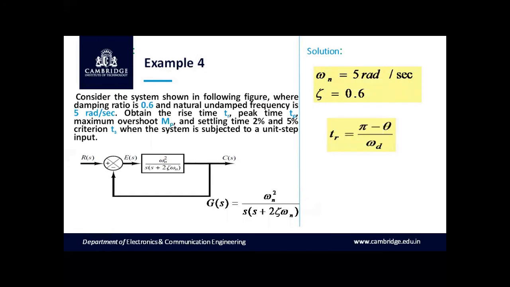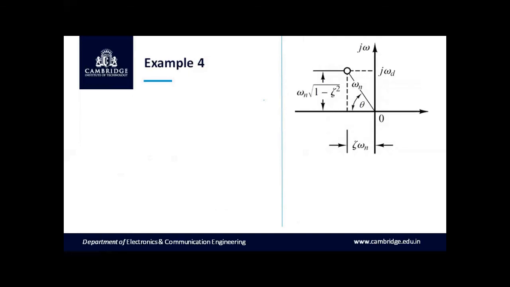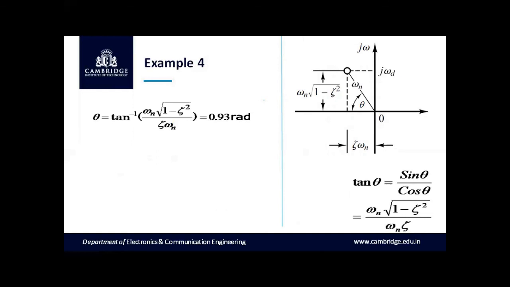So omega n is given, zeta is given. So we can easily find out the rise time as pi minus theta divided by omega d, and pi we have taken as 3.141, minus theta divided by omega n into square root of 1 minus zeta square. We can make use of this equality which we have done already for the unit step response of a second order system, in which theta is equal to tan inverse of omega n into square root of 1 minus zeta square divided by zeta.